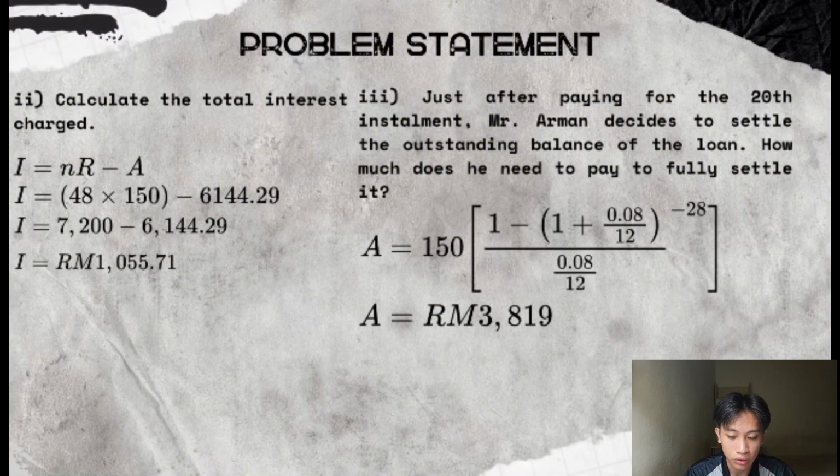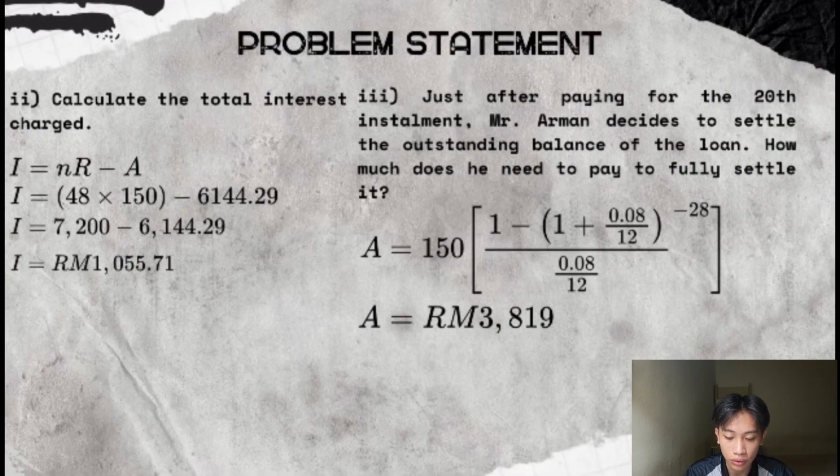Now, for question 2, calculate the total interest charge. So, the formula for this question is I equals NR minus A. So I equals 48 multiplied by 150, which is 7,200.